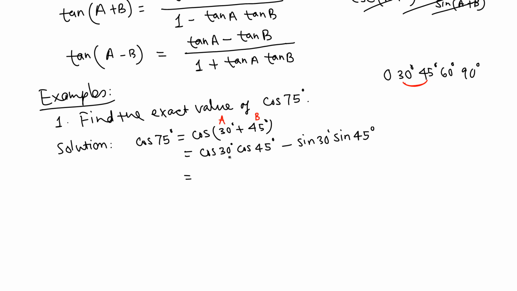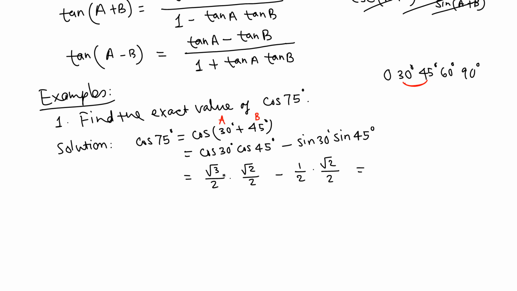We know cosine 30 degrees is root 3 over 2, and cosine 45 is root 2 over 2, minus sine 30 is 1/2, sine 45 is root 2 over 2. Just look at the unit circle, multiply these two, multiply these two.